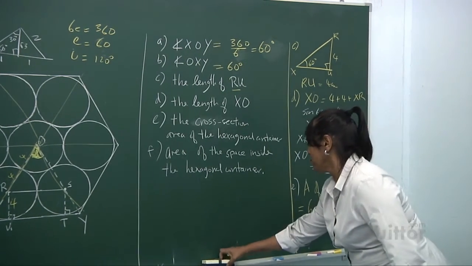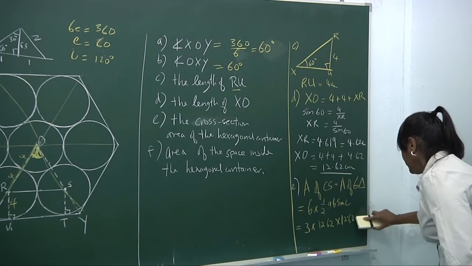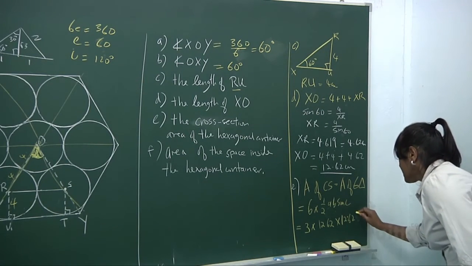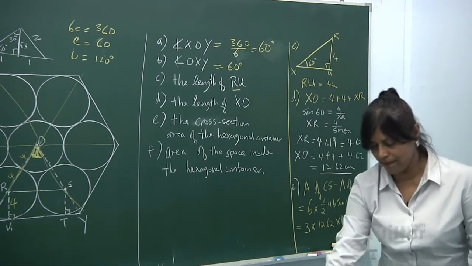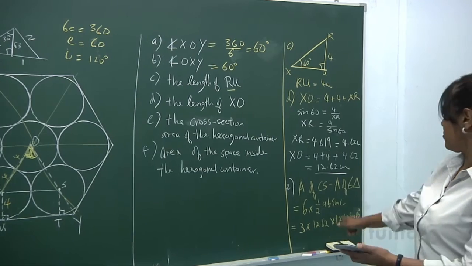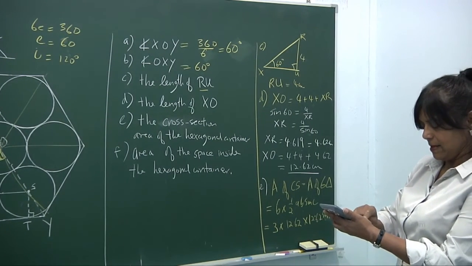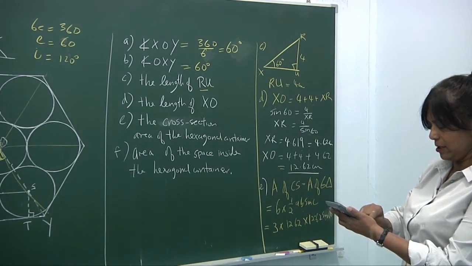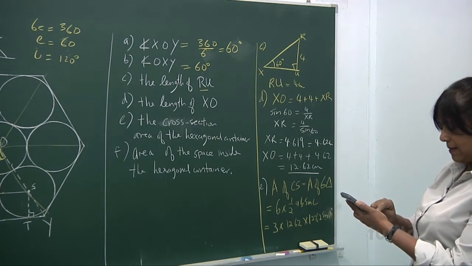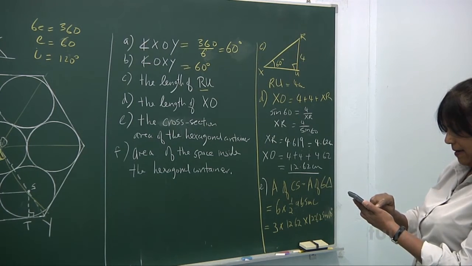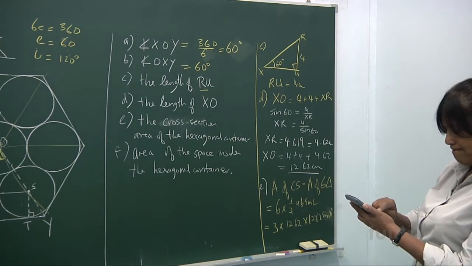I'm going to write neater so you can see it. You get 3 times 12.62 squared, times sine 60 degrees.